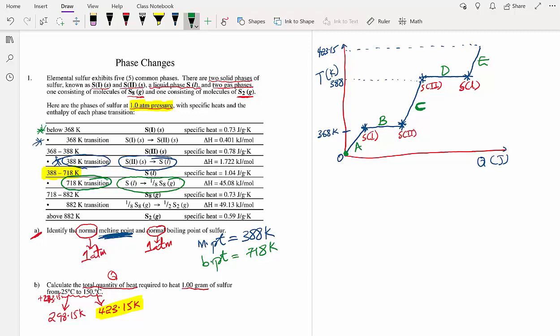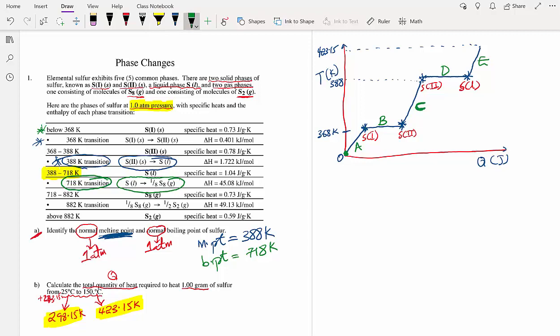Let us calculate the energy required for each stage, and then we add up all the values. But there is something very, very important to point out here from stage A. Stage A does not begin from 0 Kelvin. If you look at the question, stage A begins from 298.15 Kelvin.